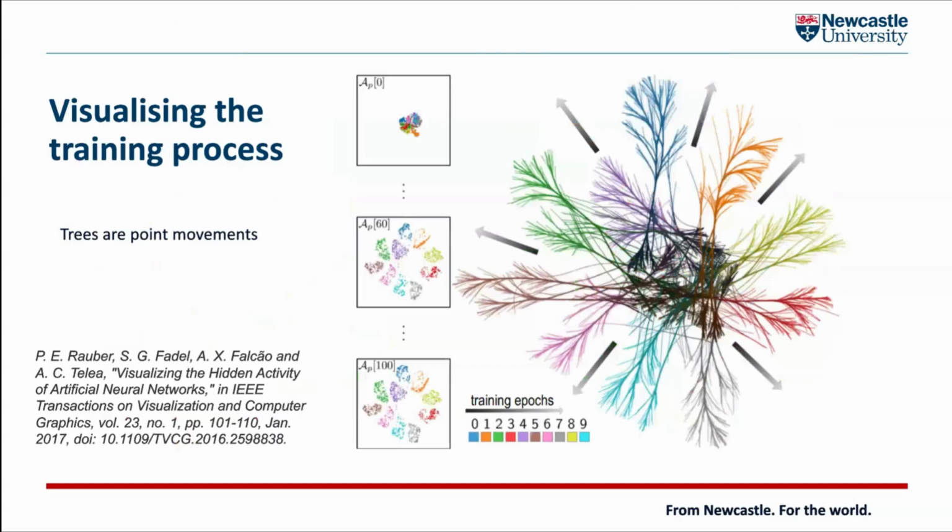Okay. And here's your training process. So now we take a particular layer. A0 is very close to the beginning with more random weights and that sort of thing. And as training progresses, these points are going to move, right?